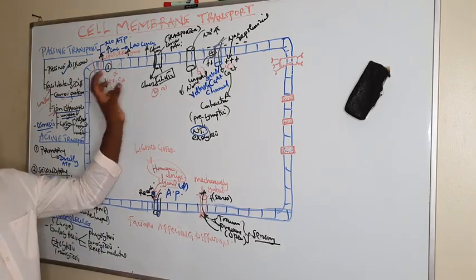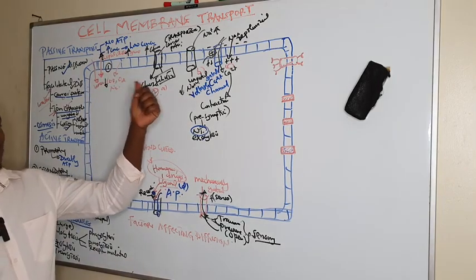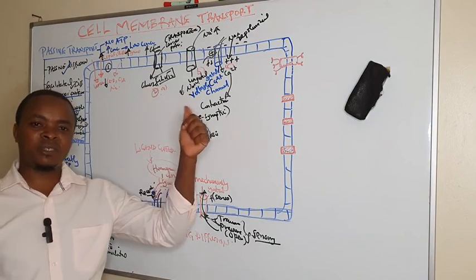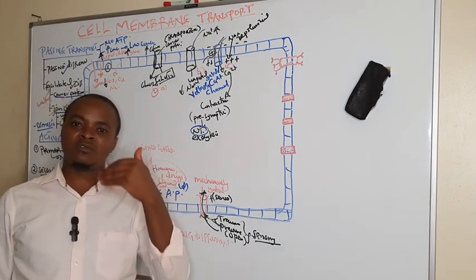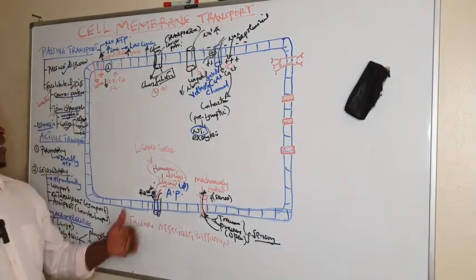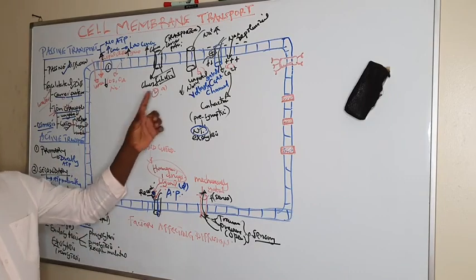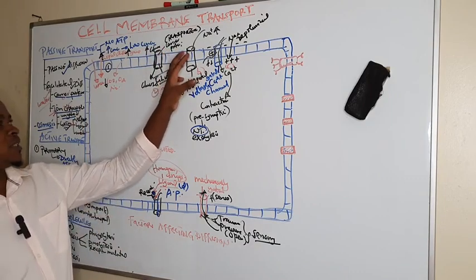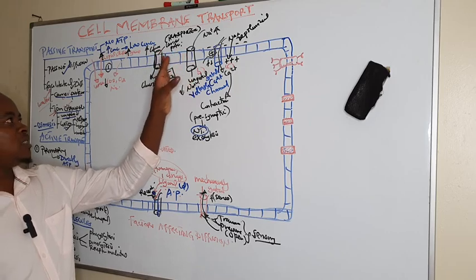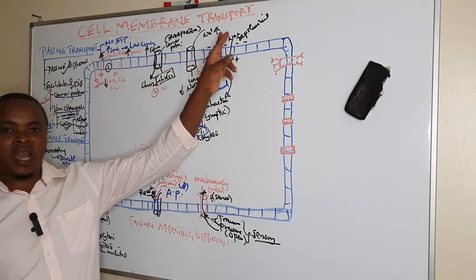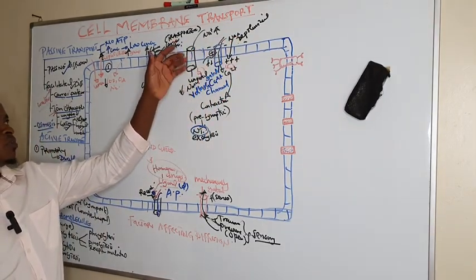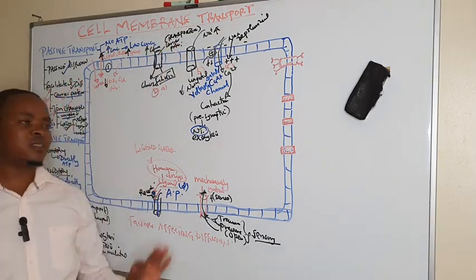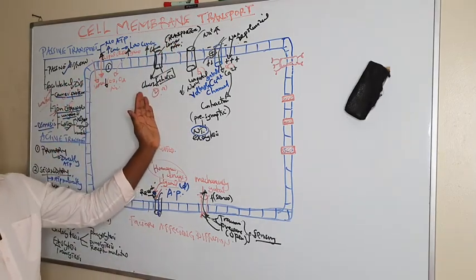Then we have seen under facilitated, the transport is also passive, no ATP is involved, and substances are moving from regions of higher to regions of low concentration. But the difference is that this process is using aids like carrier proteins or ion channels. And the example of the carrier proteins we have seen, we can call them transporters, like glucose transporters.